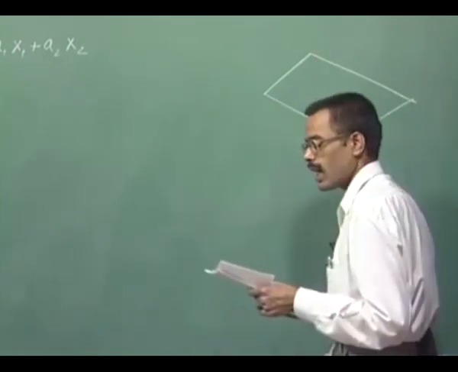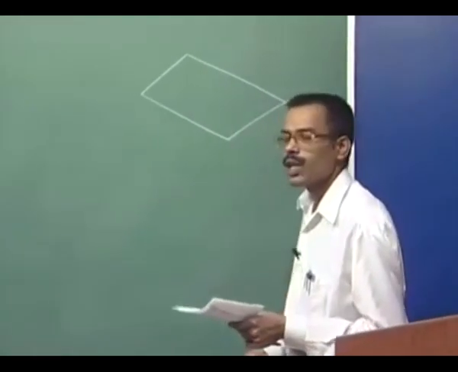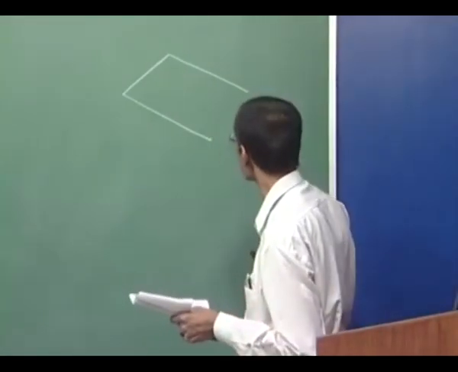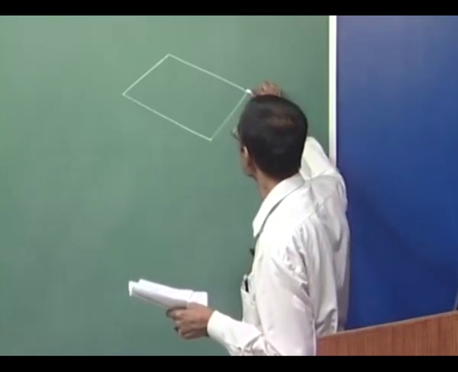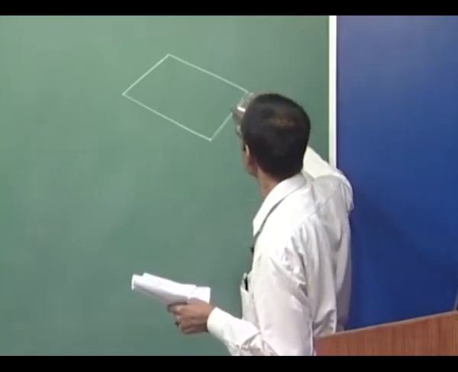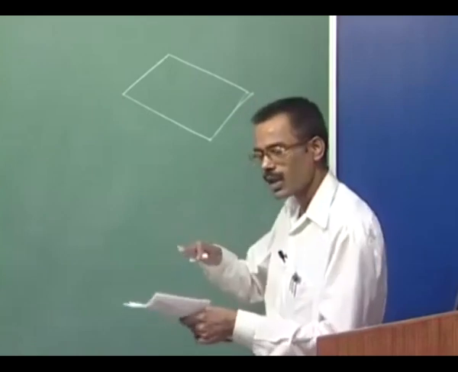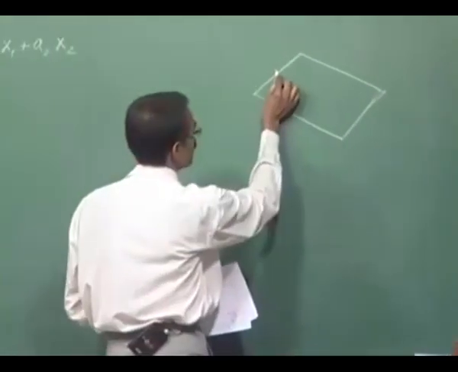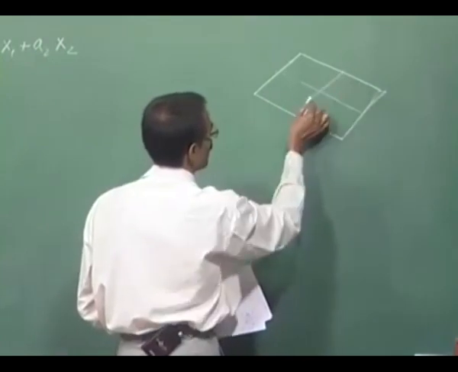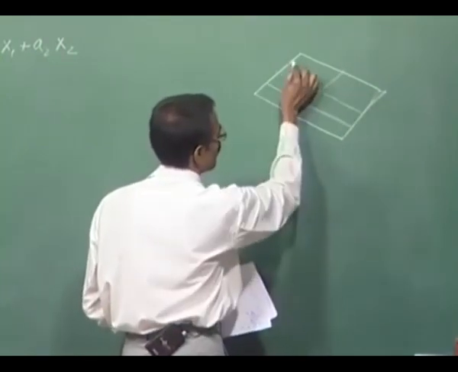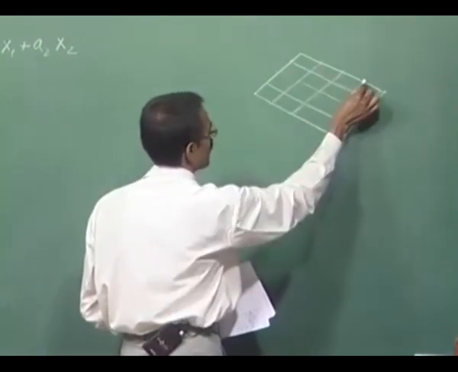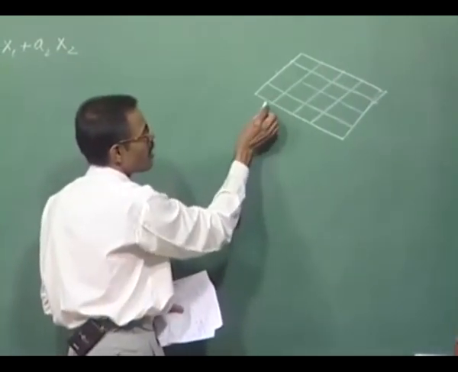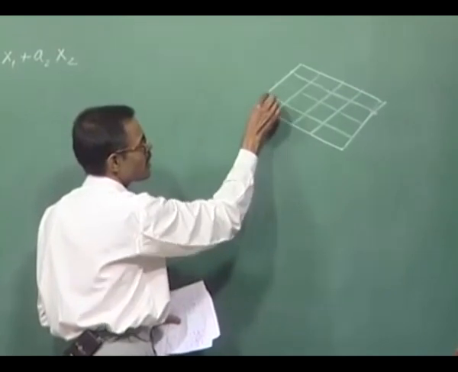I think it is a parallelogram shape, and on the surface of the table there are marks like this. The sizes of these small parallelograms are 3 centimeters in this direction and 2 centimeters in this direction.